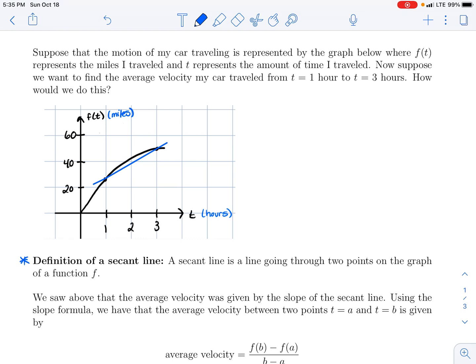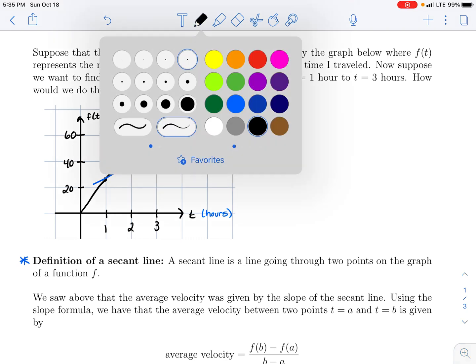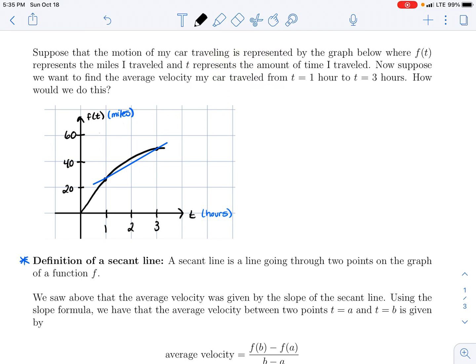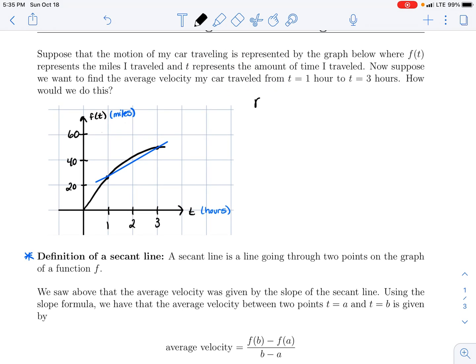Okay, and so what I'm basically telling you is that to find the average velocity between my points t equals 1 and t equals 3, I'm going to find the slope of the secant line that I just drew here. And that requires us to remember the slope formula, right? So here, I know that I need to write out my points.